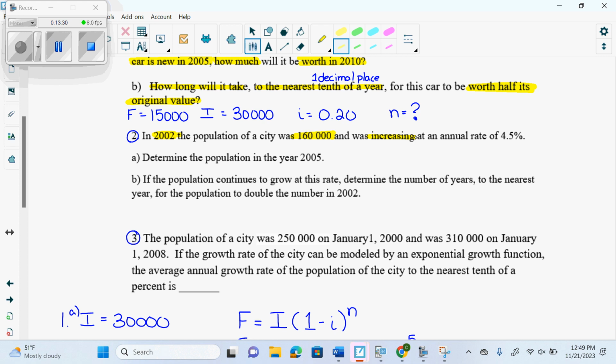It's increasing, so I'm going to go 1 plus at 4.5%. Now remember I told you divide by 100, so that's 0.045, right? They want the population in 2005. So was this the initial or the final, this 160? Initial, because it was an earlier year, right?